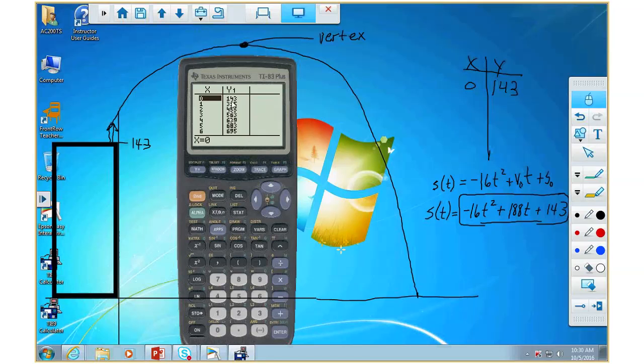So at 0, it's at 143. Why doesn't it show the second quadrant? It does show it, but why does it start with 0? Because it's assumed that this is a real world application, and that you're going to be dealing with what quadrant? The first quadrant, because everything is positive. Distance can't be negative.